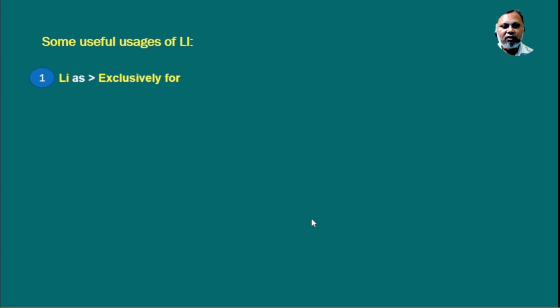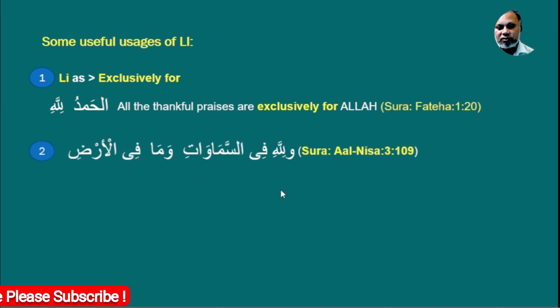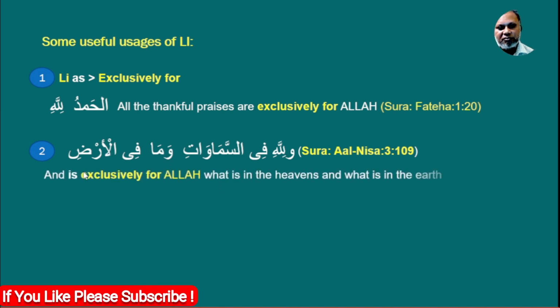Now we will see some more useful uses of li. Li as exclusive for, like alhamdulillahi, all the thankful praises are exclusively for Allah. Surah Fatiha, alhamdulillahi. And also walillahi fis samawati wa ma fil ardi. This means and exclusively for Allah is what is in the heavens and what is in the earth.